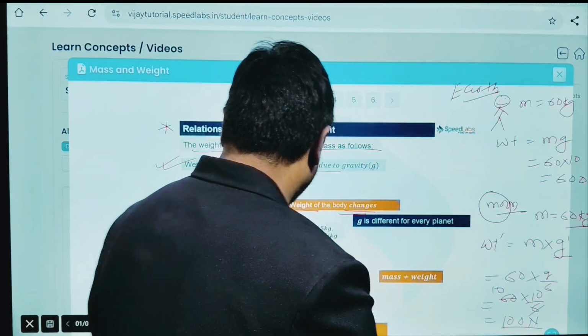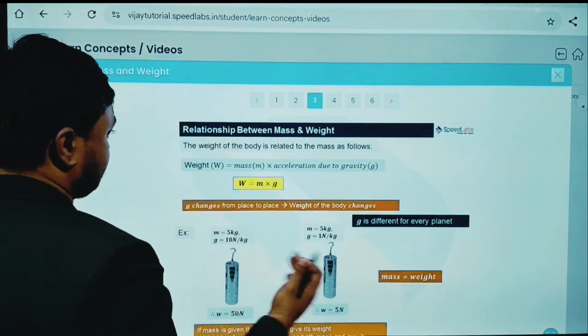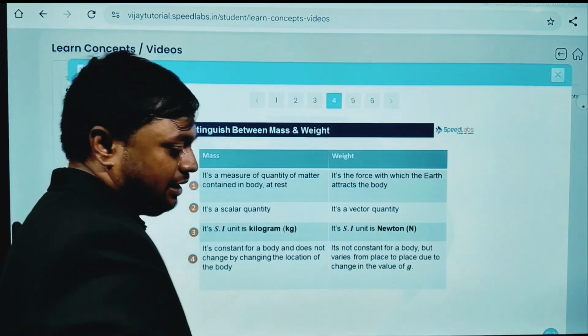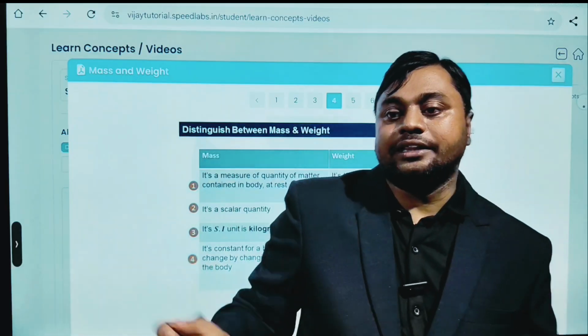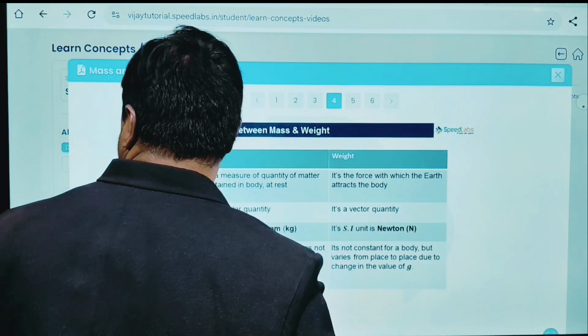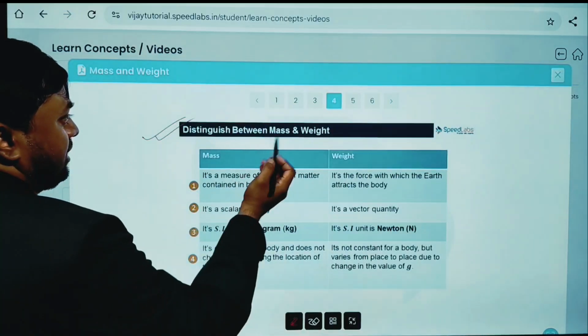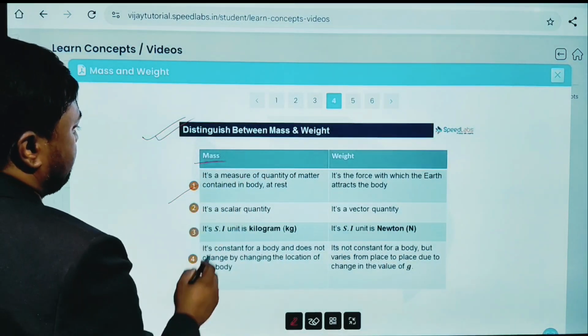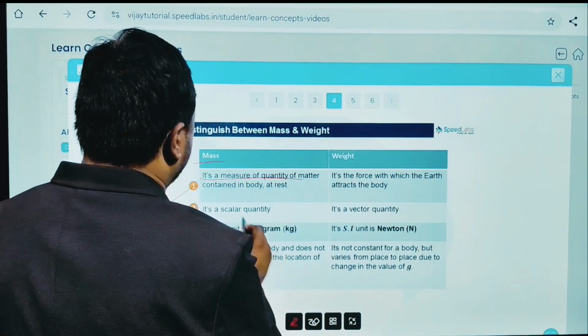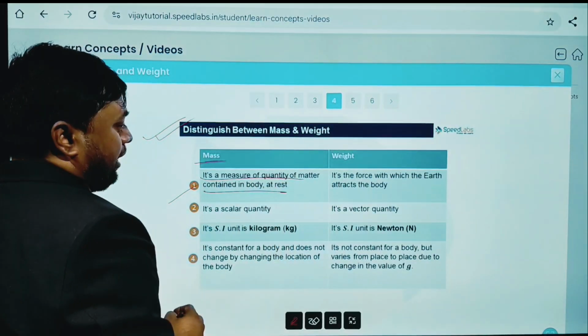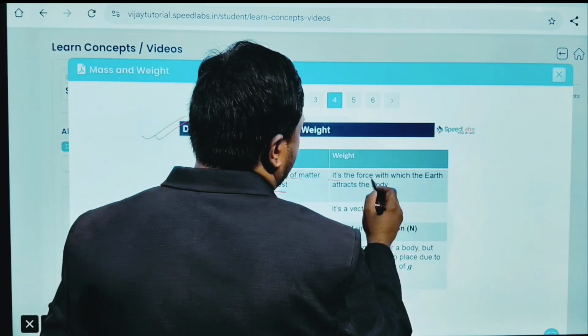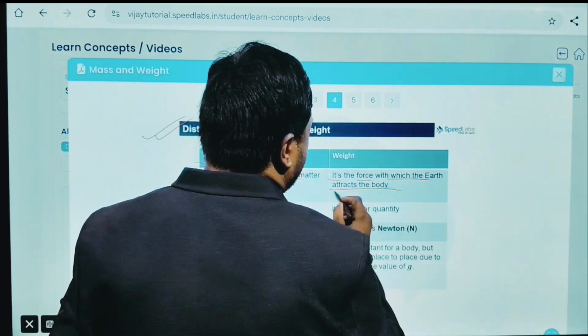This is how we can clearly see the difference between weight and mass. If they ask you definition-wise, this is how you write the table, very important. Mass is the measure of the quantity of matter contained in the body at rest, whereas weight is the force with which the earth attracts the body.